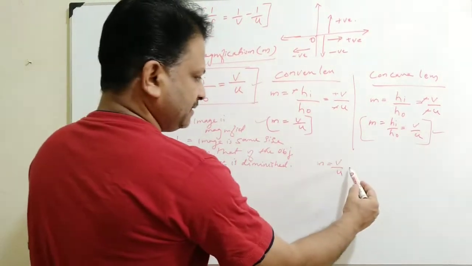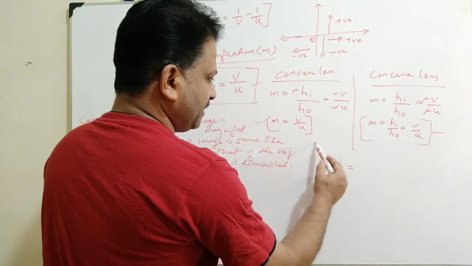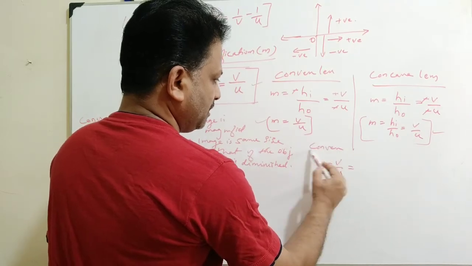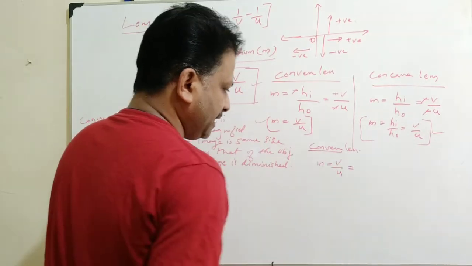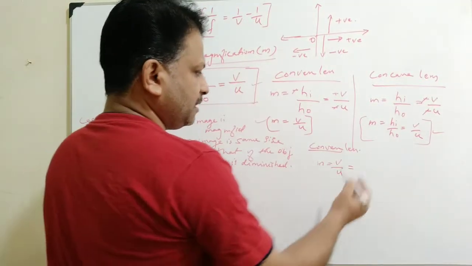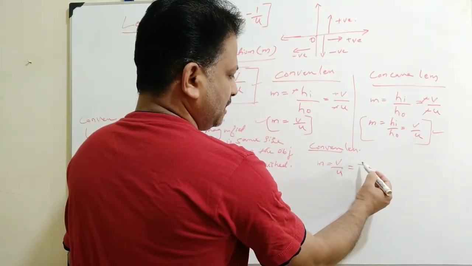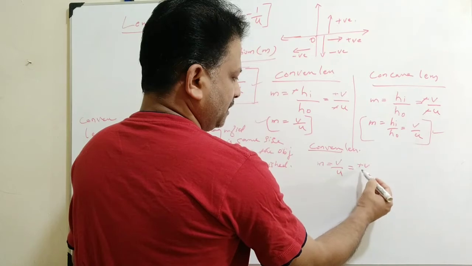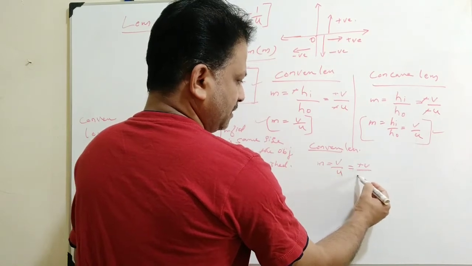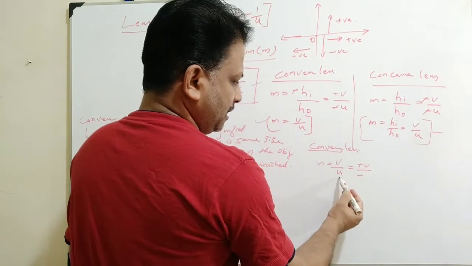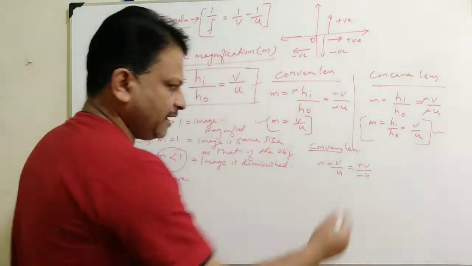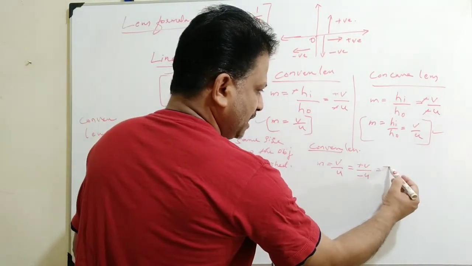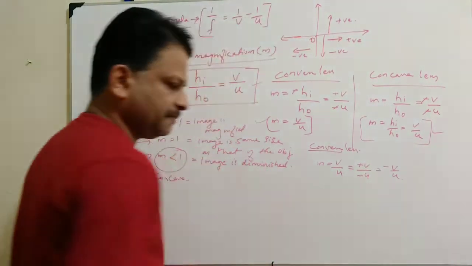Let us apply the sign convention in case of a convex lens. In case of a convex lens, m is equal to v by u. V is always positive for real image and u is negative. So we are getting the magnification value as minus v upon u.